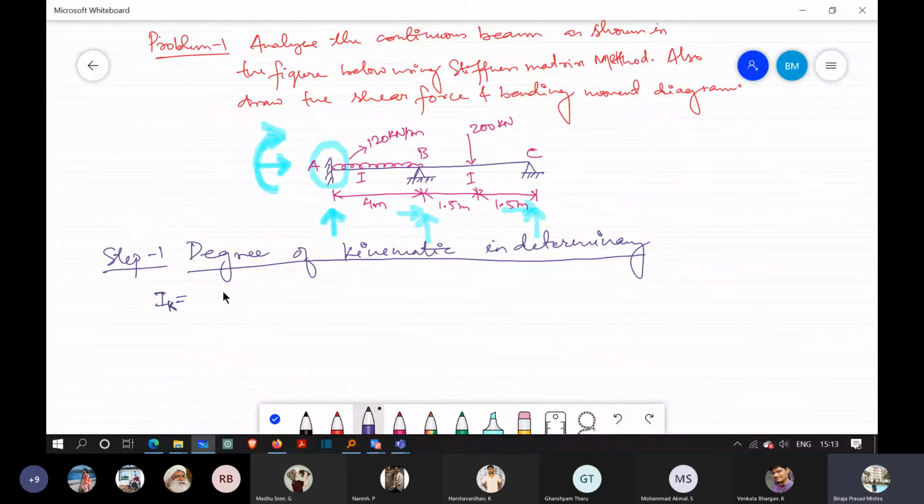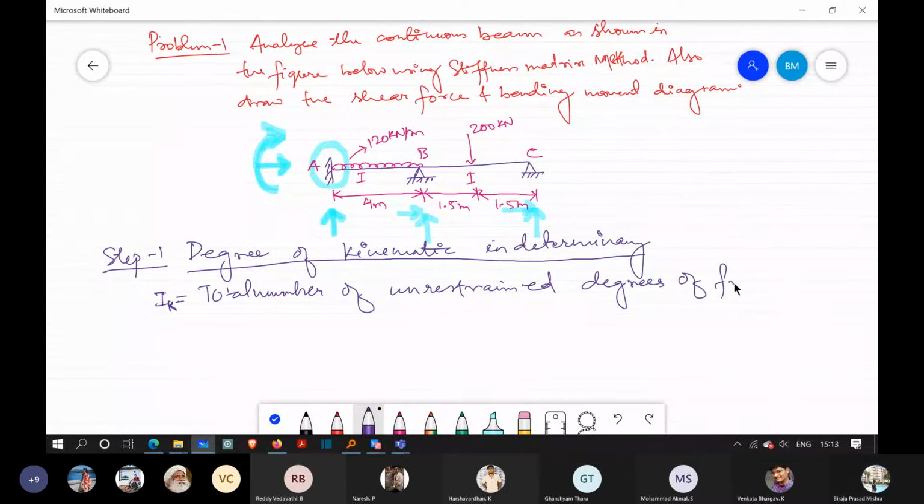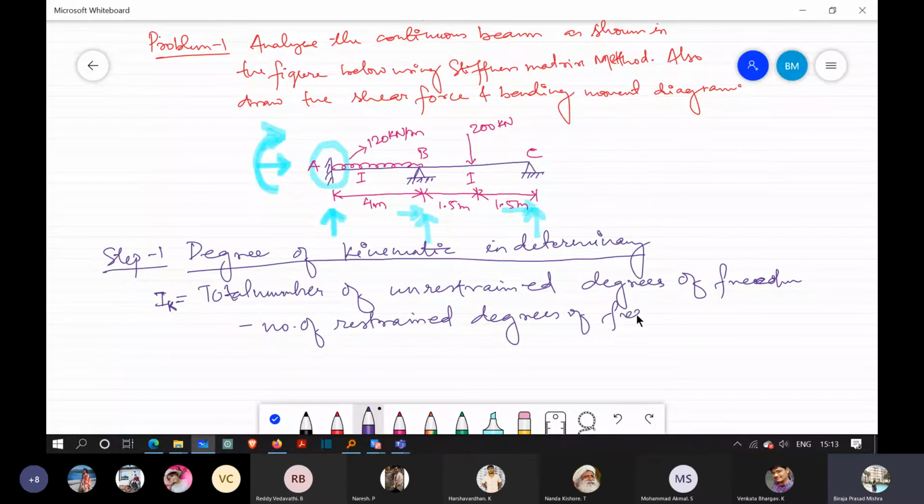So Ik equals the total number of unrestrained degrees of freedom minus the number of restrained degrees of freedom. Okay. So now what is the total number of unrestrained degrees of freedom?